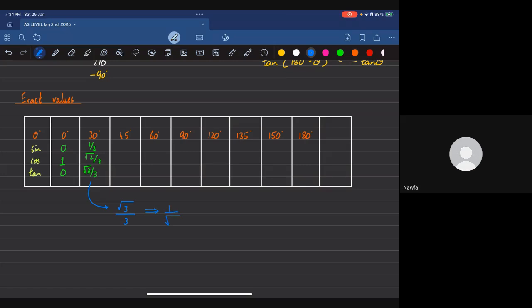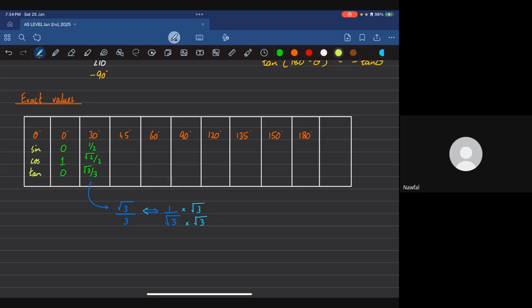I believe you guys remember how we used to rationalize back in IGCSE. So this is just a rationalized version. Clear? So that is what I've written.